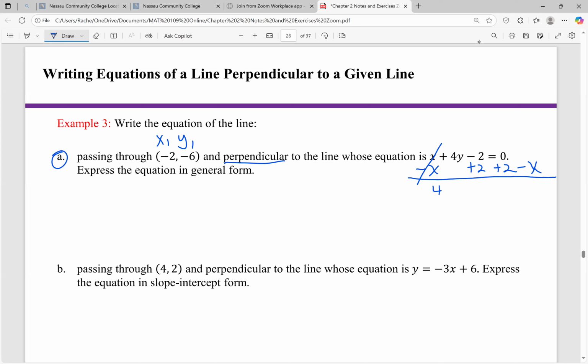So I'm going to have 4y is equal to -x plus 2. And then let's divide by 4. So I'm going to have y equals -1/4 x plus 1/2, if I reduce 2/4. So the slope of this line is -1/4.